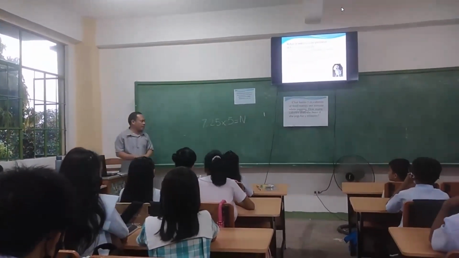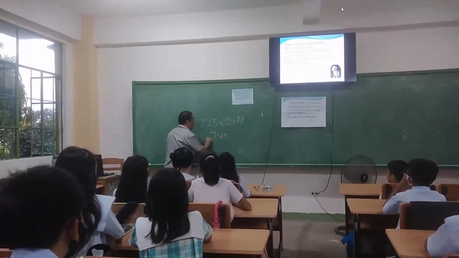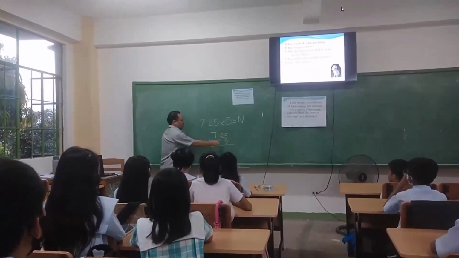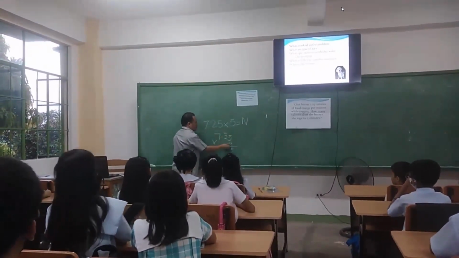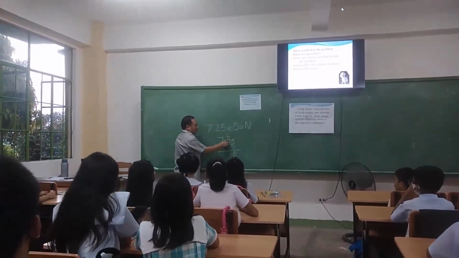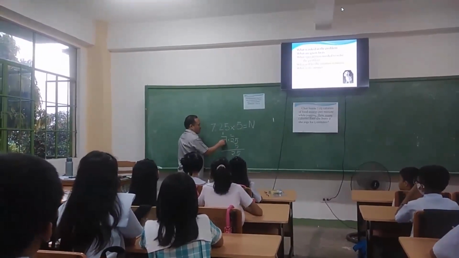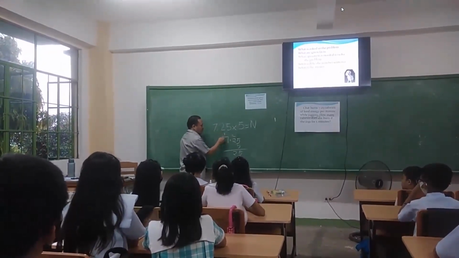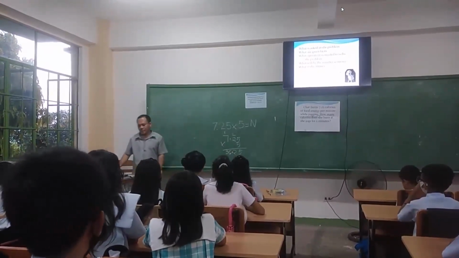I will multiply 7.25 times 5. So 5 times 5 is 25. Very good. 5 times 2, 10 plus 2, 12. 5 times 7, 35 plus 1, 36. So therefore, we have 36.25.